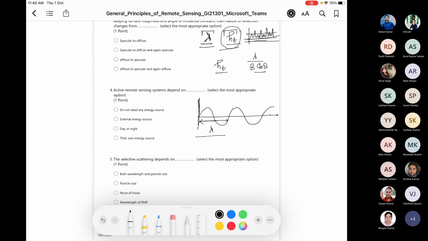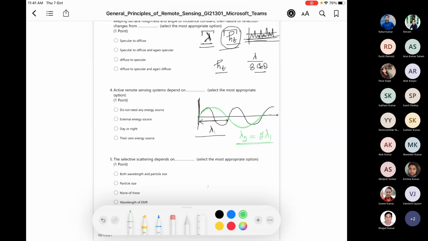If you increase the wavelength, let's say in the first case the wavelength is lambda 1, and in the second case we have lambda 2, which is 2 times lambda 1. What will happen if you increase the wavelength?